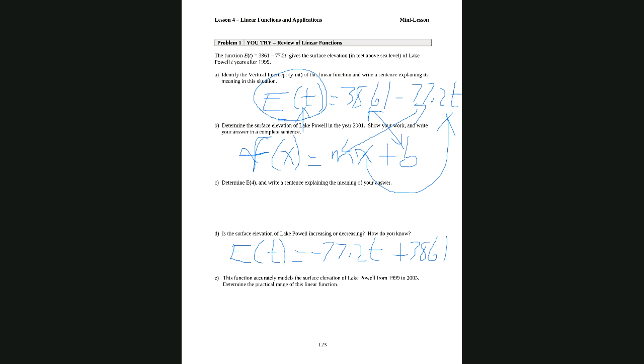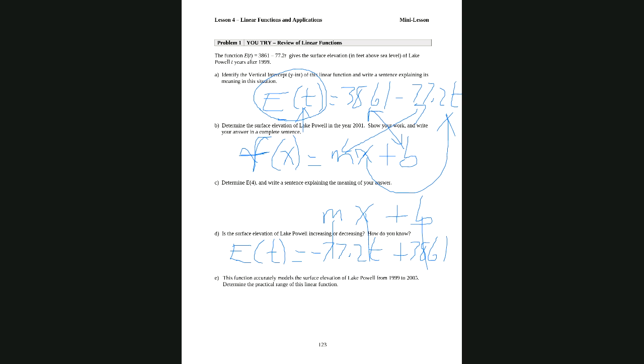Minus 77.2t plus 3861, which I could write as mx, or mt, plus b. My m is that, my x is t, and my b is that. So it is a linear function.